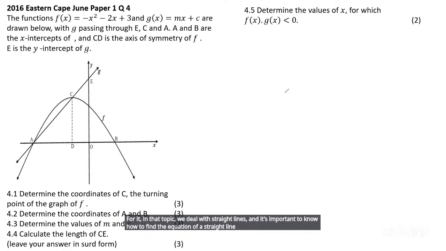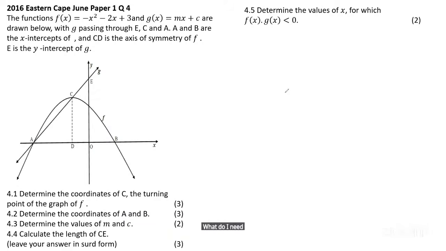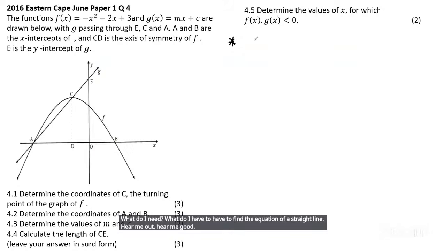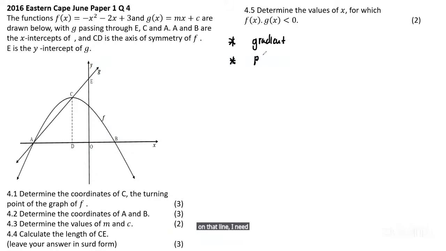What do I need to find the equation of a straight line? Hear me out. I need a gradient on that line, and at least a point on the line.